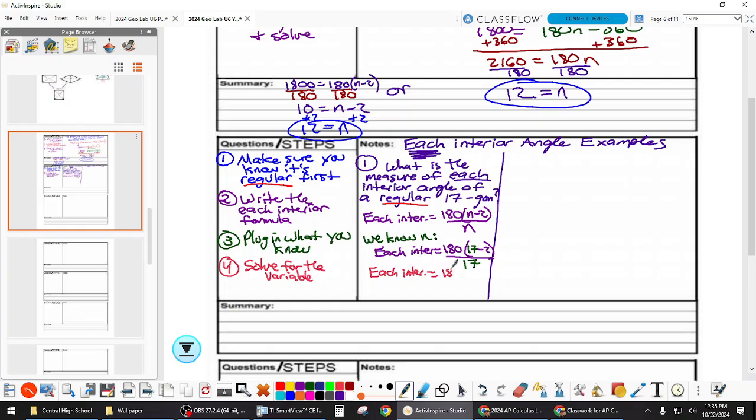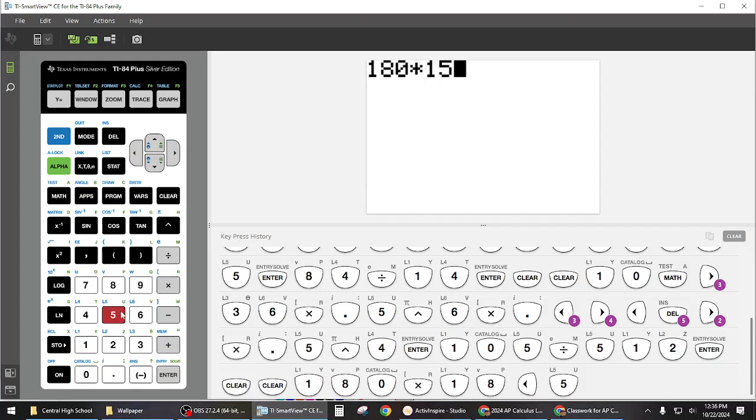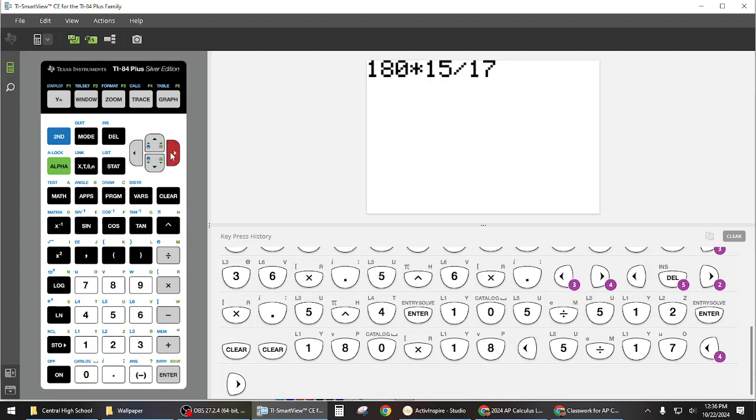Well, this is 180 times 15 divided by 17. So I don't know what that is. Let's do it. Okay, actually before we punch that in, what is the 180 times 15 telling us?